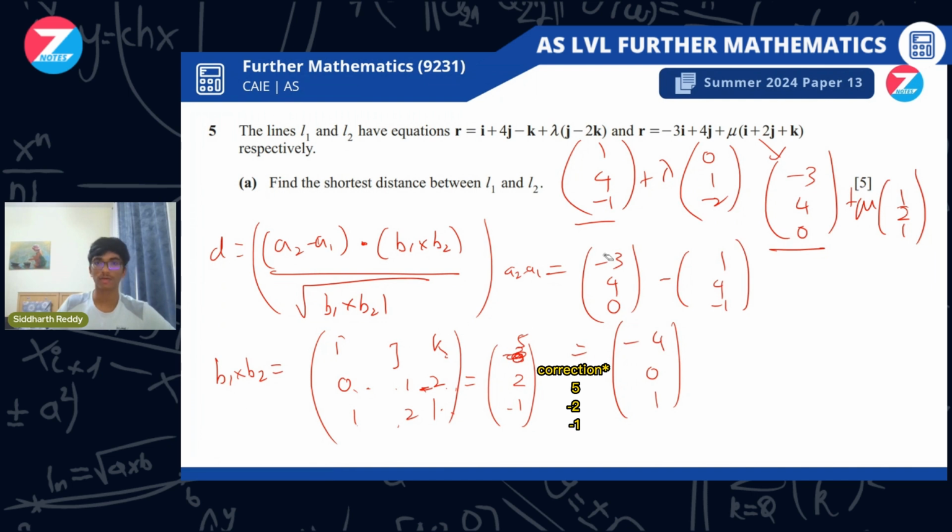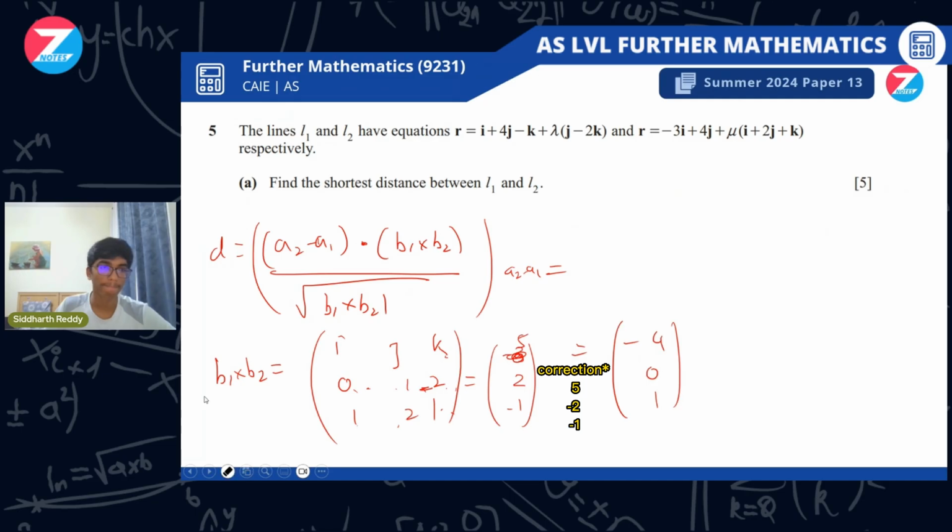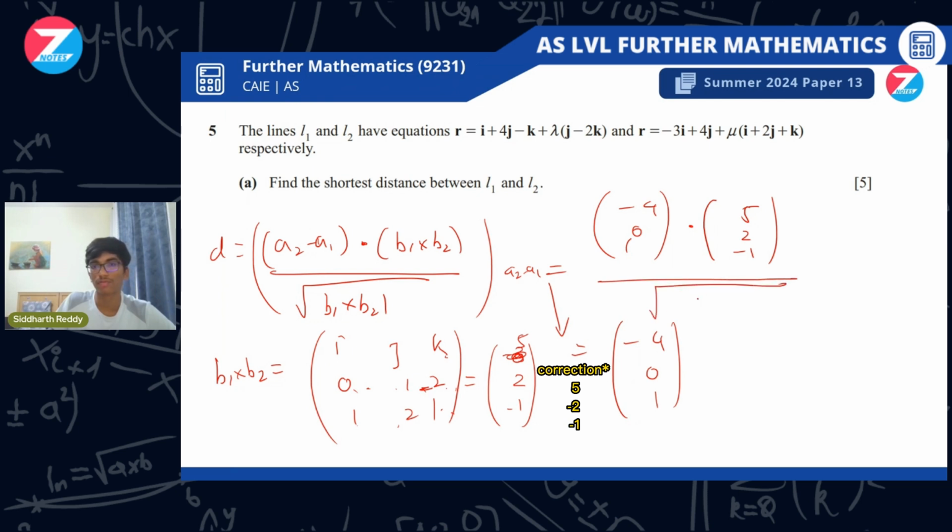So now just applying all this in the formula. A2 minus A1 is minus 4, 0, 1, dotted with 5, 2, minus 1, divided by square root of 5 squared plus 2 squared plus 1 squared.